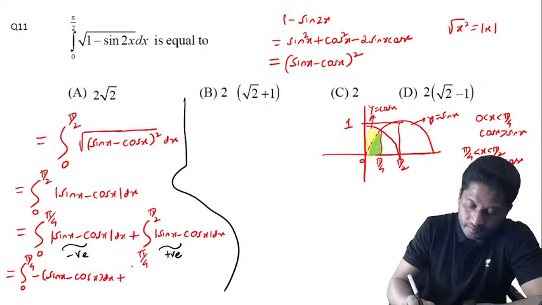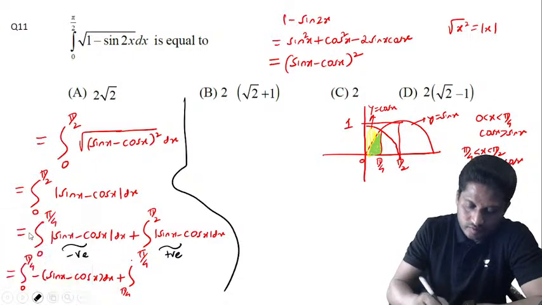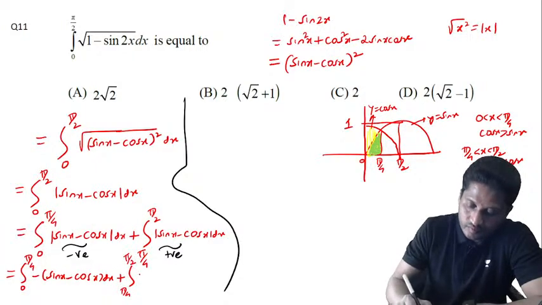And then this is pi by 4 to pi by 2, and then you get sin x minus cos x.